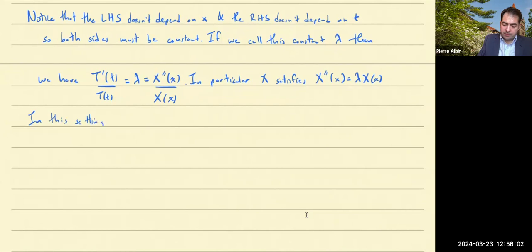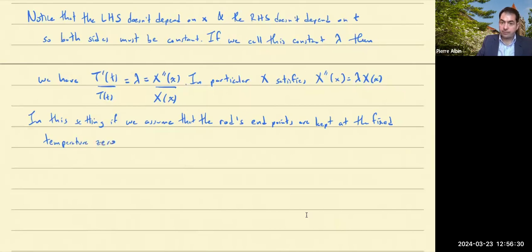In this setting, if we assume that the rod's endpoints are kept at the fixed temperature 0, then capital X satisfies this eigenvalue equation with X of 0 equal to 0 and X of L equal to 0.